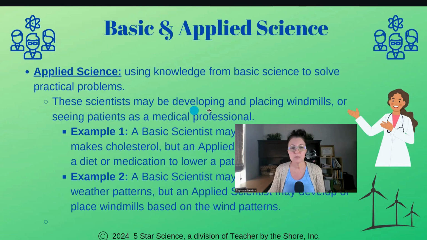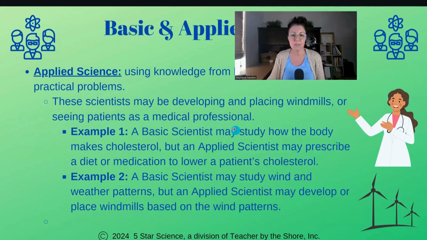So these scientists may be developing and placing windmills or seeing patients as a medical professional. So here's the first example. A basic scientist may study how the body makes cholesterol, but an applied scientist may prescribe a diet or medication to lower a patient's cholesterol.